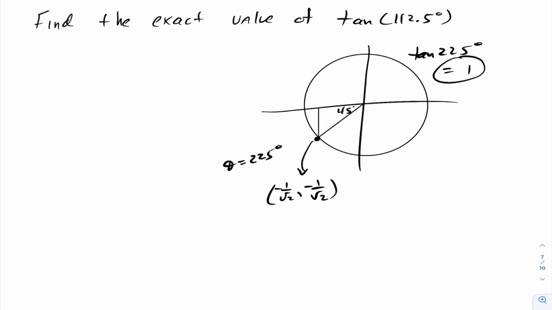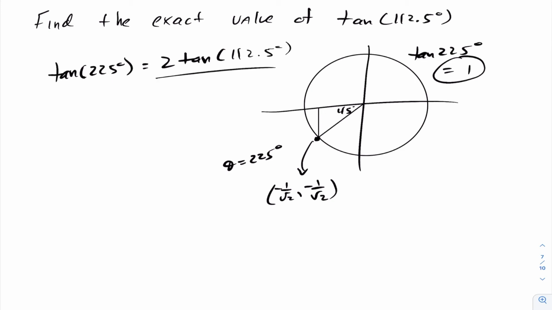So if we look at our double angle formula here, it must be the fact that the tan of 225 degrees is going to equal 2 times the tan of 112.5 degrees all over 1 minus the tan squared of 112.5 degrees. So since we know the tan of 225 degrees is 1, we get the following equation.